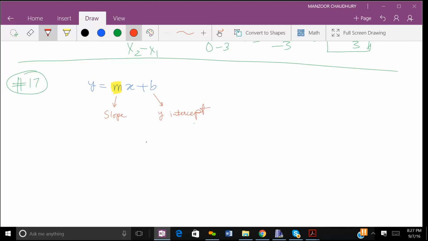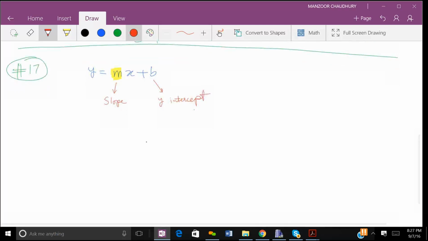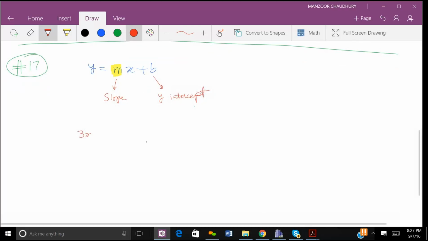Okay, now, what is the equation here? The equation is 3x plus 2y equals 6, right? So your goal is to make it in terms of y. So y needs to be alone.